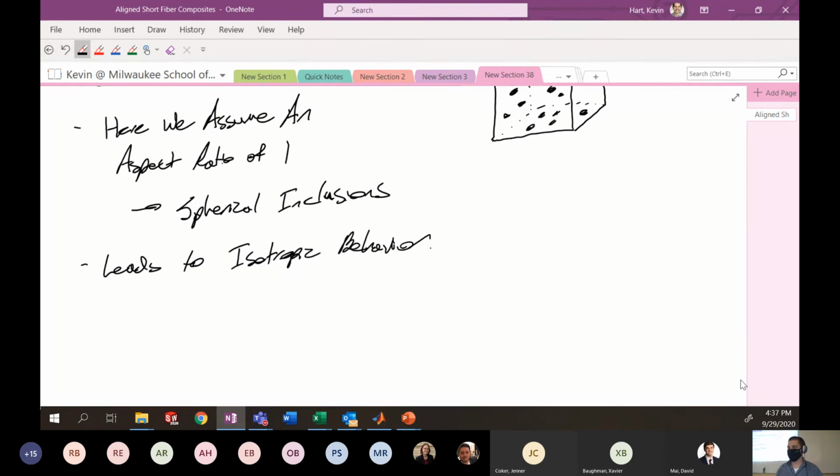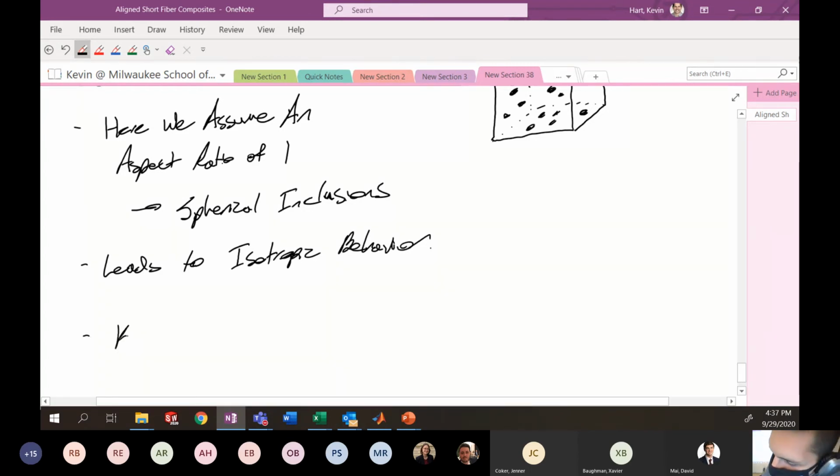Okay. So we know that generally the bounds of what we might expect for our properties are governed by rule of mixtures and inverse rule of mixtures, right? We saw that with continuous fiber composites.